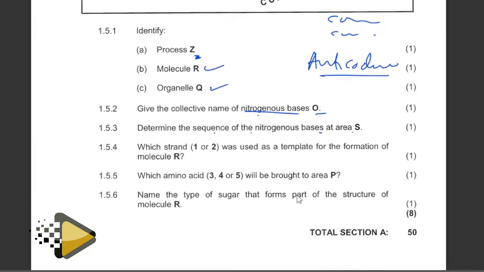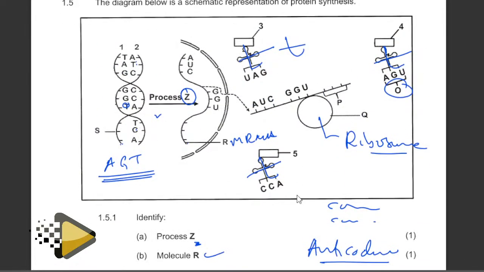Which strand, 1 or 2, is used as a template for formation of R? So we come back to R. We have to mirror this. So this A goes with the T, U goes with the A, C goes with the G. So I have to look for what this is. TAG.